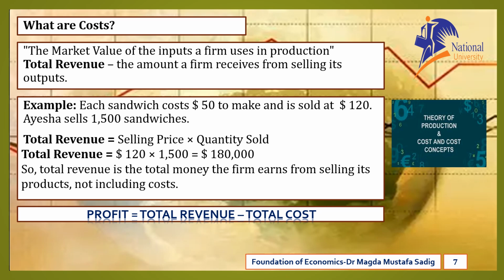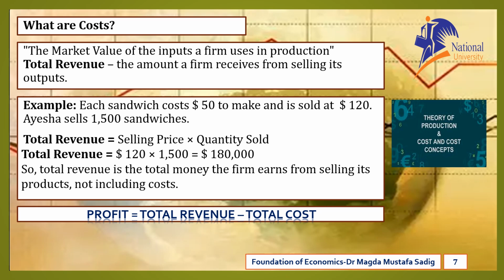So profit will be equal to total revenue minus total cost. If Aisha made 1,500 sandwiches and each one cost $50 to make, its total cost equals 50 multiplied by 1,500, which is equal to $75,000.